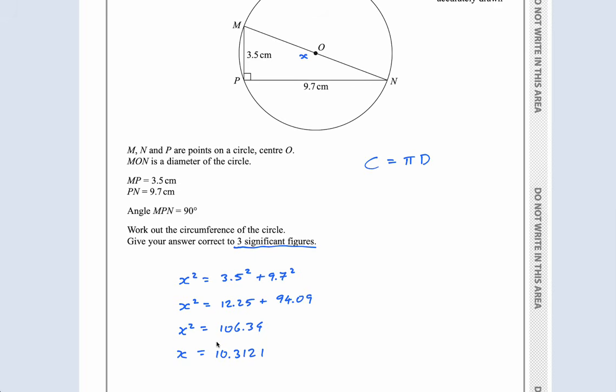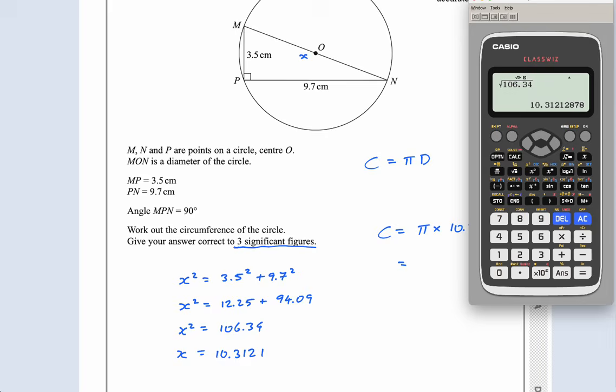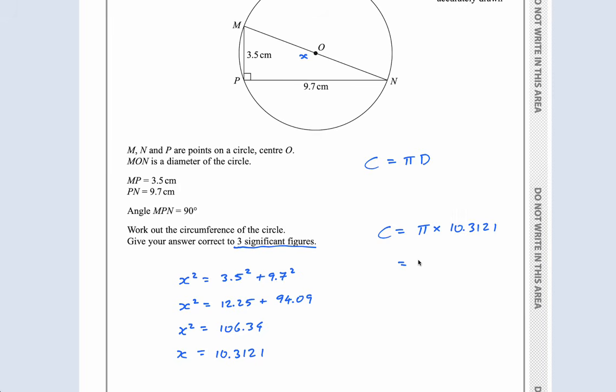So this is D. This is my diameter. So circumference is equal to pi times the diameter, which is 10.3121. And I'm going to do this, my answer, times pi. Now pi is down here, shift, and so it's answer times pi, gives me 32.3965.